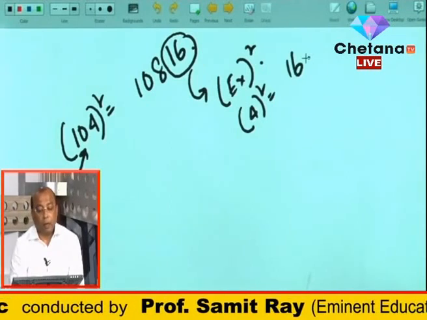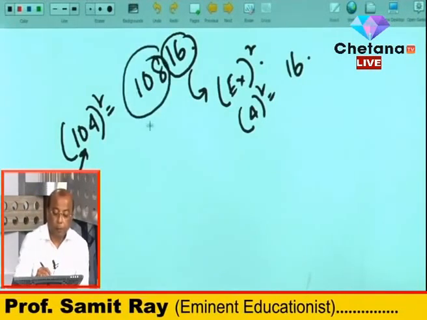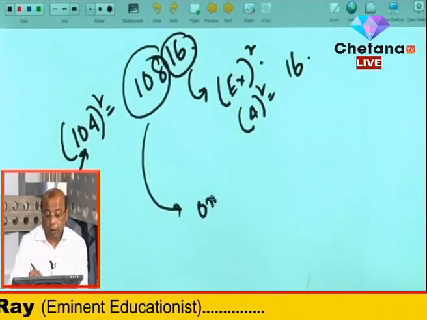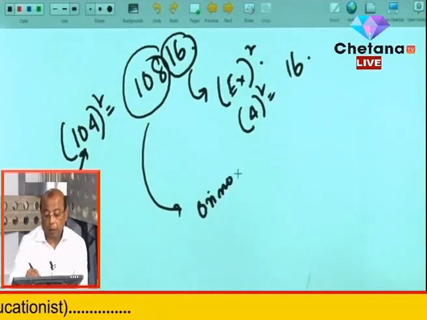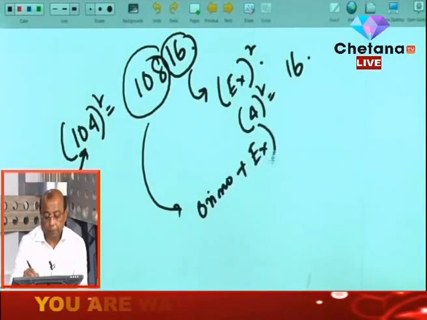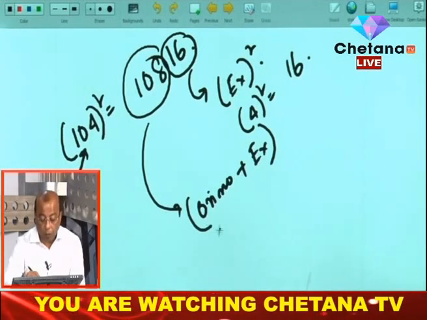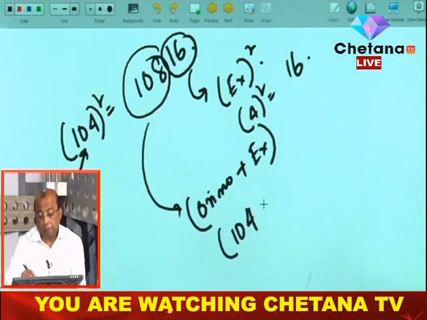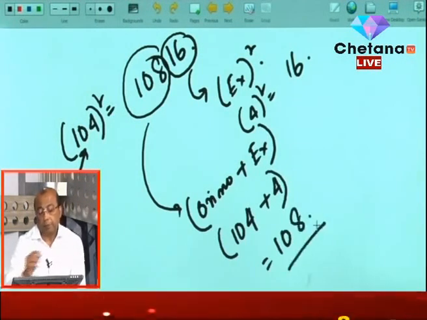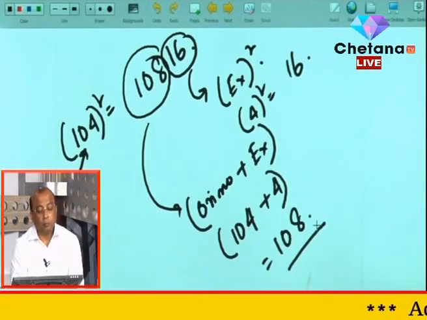Clear? And this part will be the original number plus extra. Original number 104 plus 4, 108. Okay?